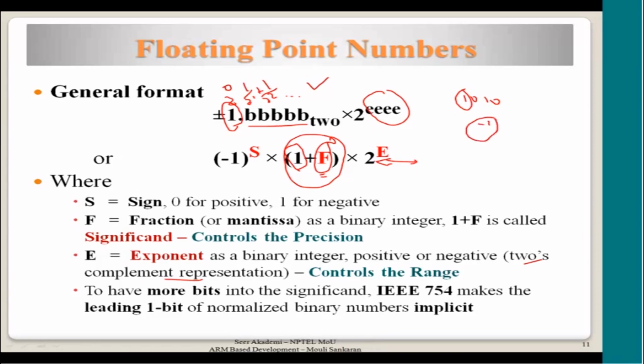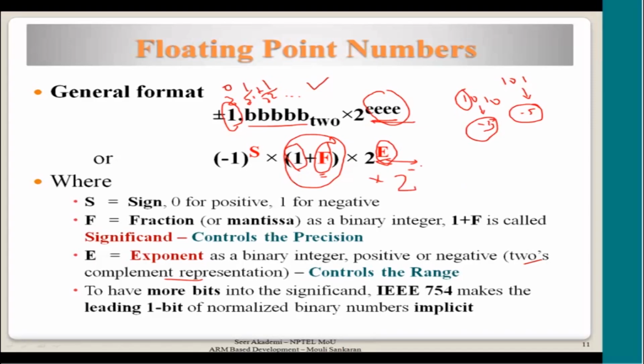Convert this: I invert 1 0 1, which happens to be 5, so minus 5, correct? If I convert this into a negative number, it will become minus 5. So whatever number I am representing, I can convert it into some positive or negative value. Then I will multiply that to the power e.